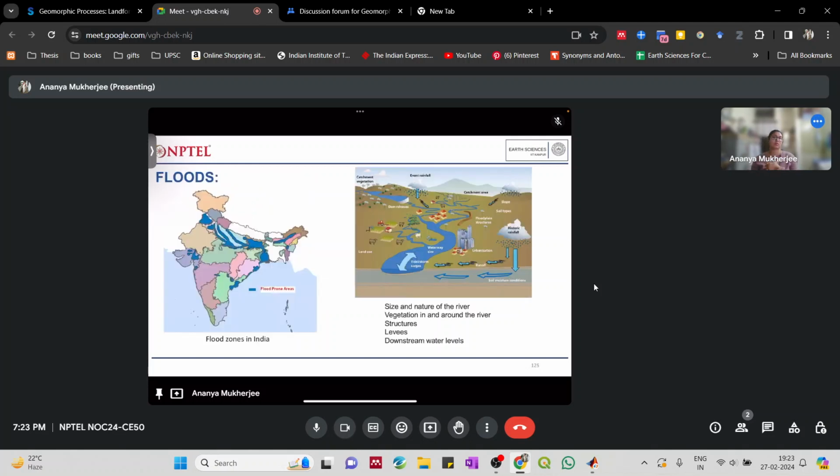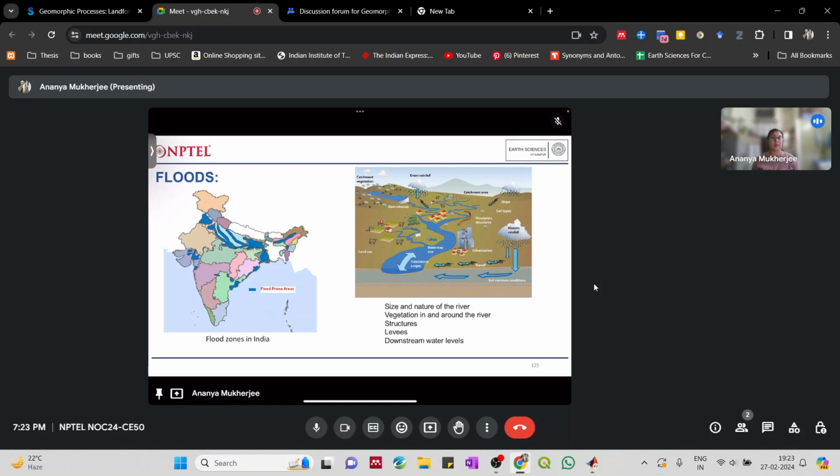So now as we saw how the different drainage patterns are formed, how they are a part of the different drainage basins, each drainage basin for that matter has the potential to flood. So sometimes the floods are necessary for the expansion of the flood plains, for the deposition of the fertile alluvium, okay, which supports most of our agricultural activities.